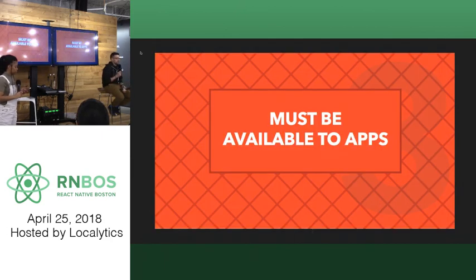And lastly, they have to be available to all apps. In order to use a universal component, you have to be able to import it from somewhere. That means you have to think about architectural changes. Are you going to use a mono repo and include them locally? Are you going to deploy them? How are you going to get these components from where they live into each app?